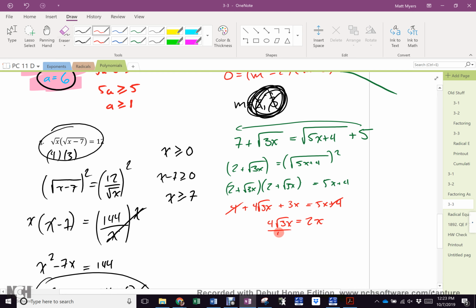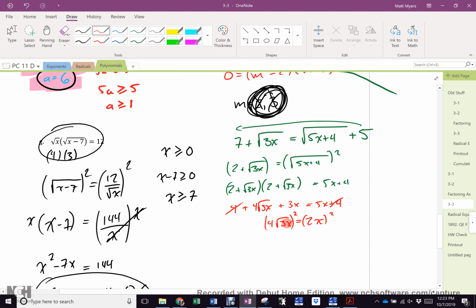I could divide by 4, yes? But that would give me a fraction over here. Don't fractions scare you guys? So could I square this side and take care of that radical? Which would allow me to square this side, wouldn't it?